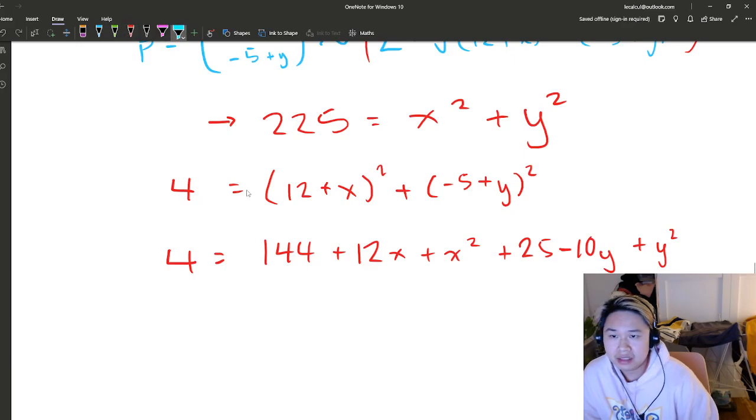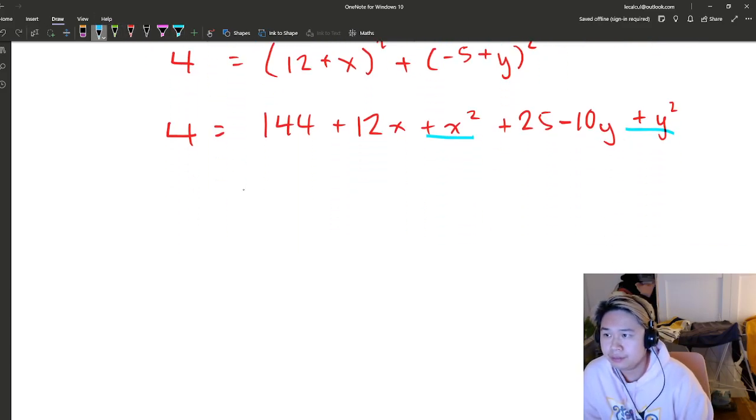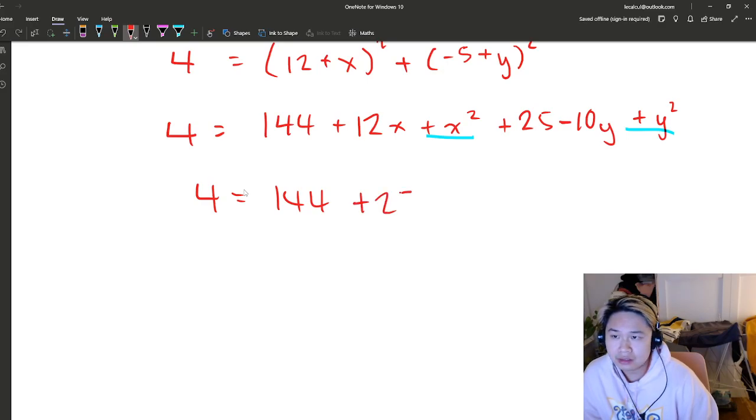So like I said, if you see x squared plus y squared, you can substitute it with 225. So this, substitute with 225. So I got 4 equals 144. And then I'm just going to write the 225 right here. Okay.